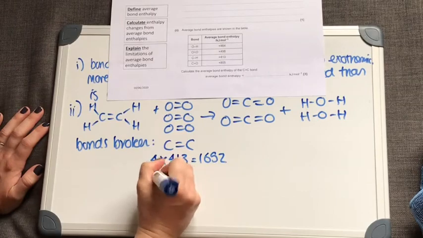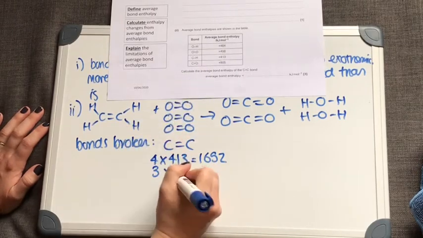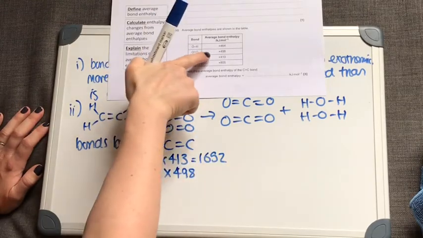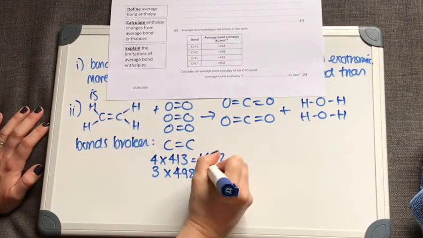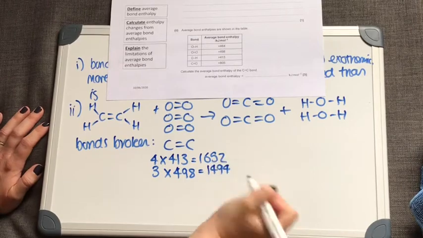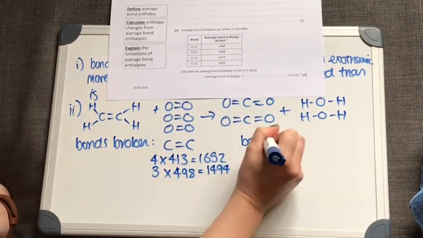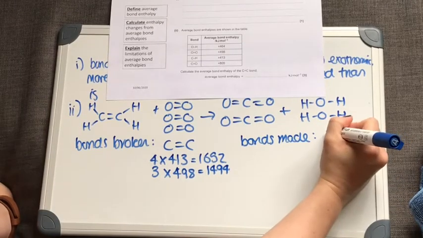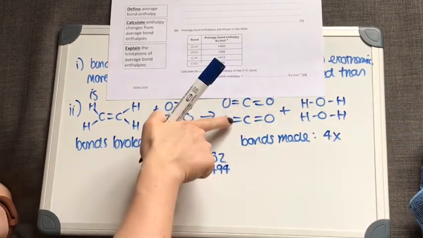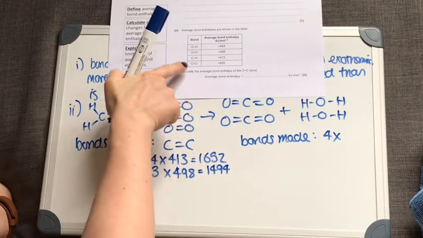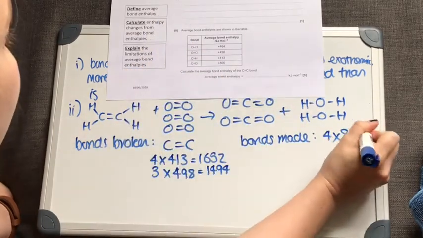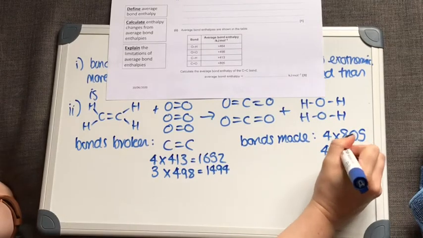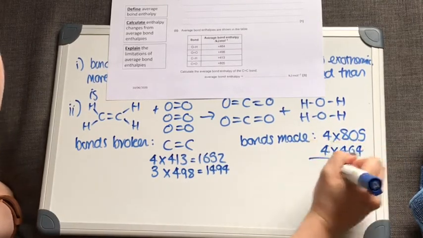And I've got 3 of these O double bond O, which again from the table have a value of plus 498. My bonds made, I've got 4 of these C double bond O, which have a value of 805, and I've got 4 of these OH bonds, which have a value of 464.